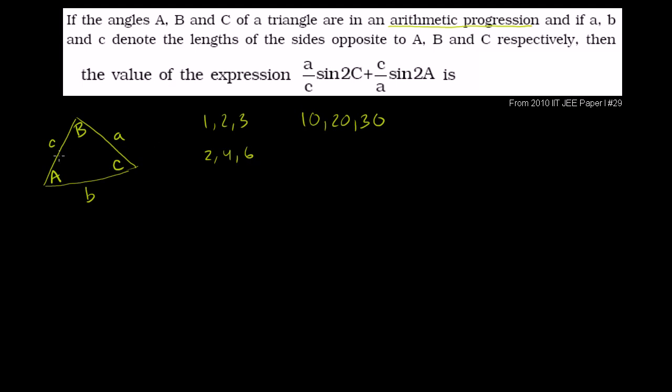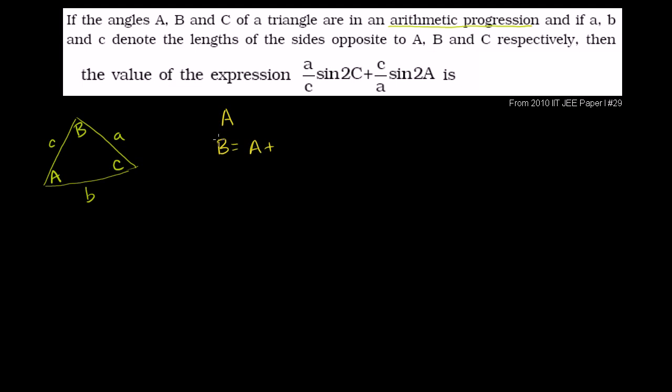So all they're saying is that to go from angle A to angle B, however much that is, it's the same amount to go from angle B to angle C. So let's see what that tells us. We could say that B is equal to A plus some constant n.